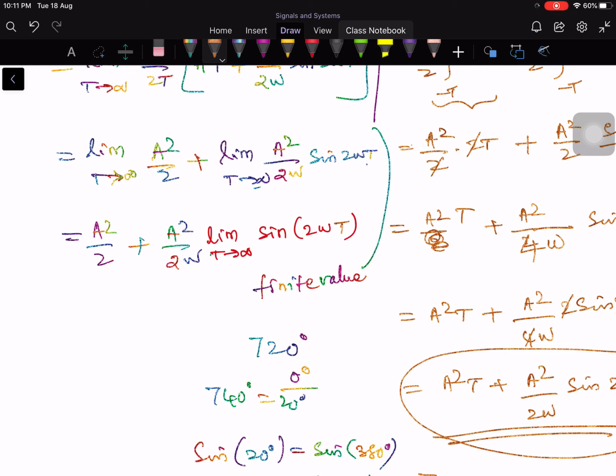Now A squared over 2 plus A squared over 2 omega times this, so this is some finite value.